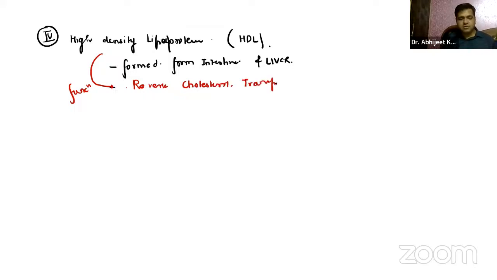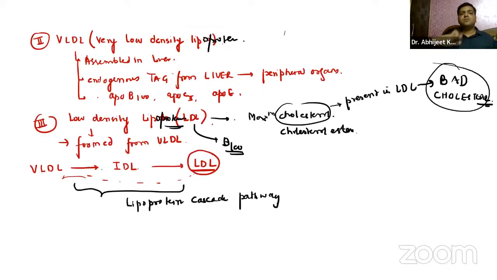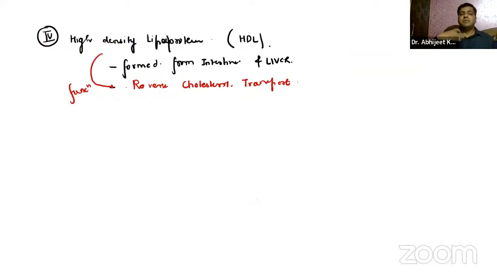So it is very much opposite to that of LDL. Low density lipoprotein has the maximum cholesterol, but over here the function of HDL is the reverse cholesterol transport.